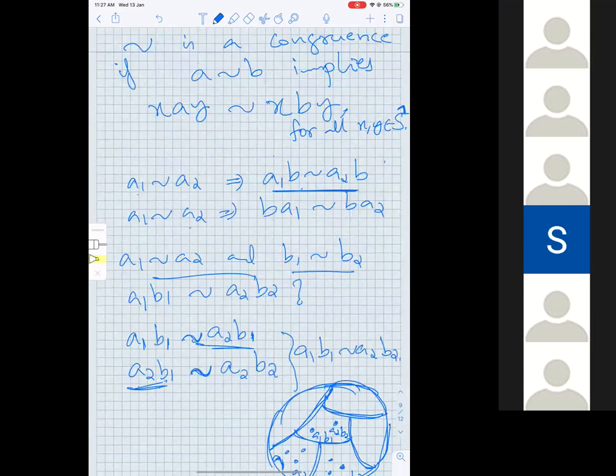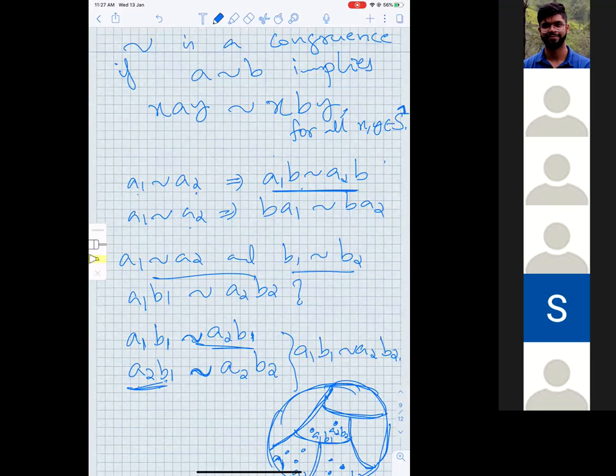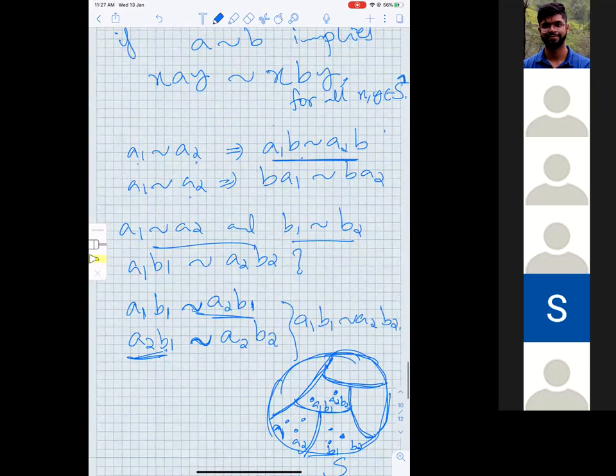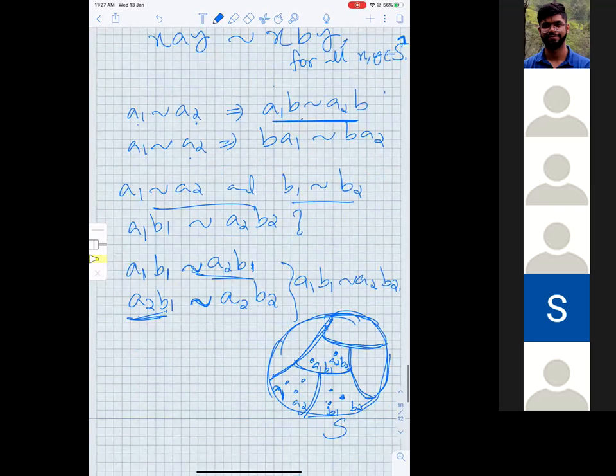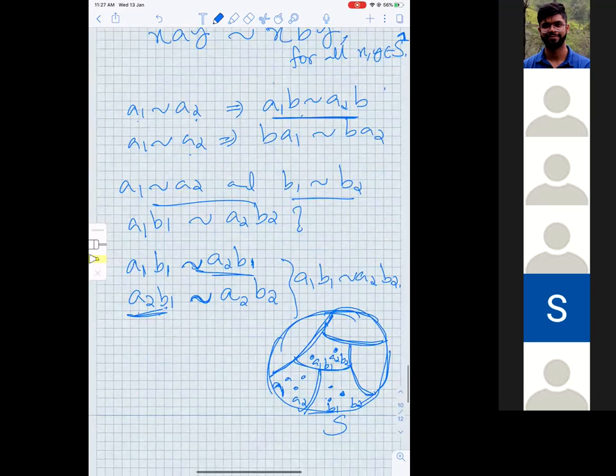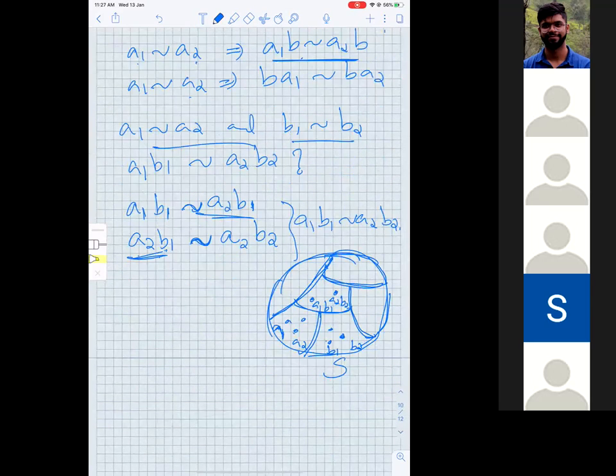Because A1 tilde A2 implies A1 B tilde A2 B, and A1 tilde A2 implies B A1 tilde B A2, from this condition I can see the congruence relation as one such that when I multiply two equivalence classes, I get another equivalence class. When I multiply A1 B1, if it is here, then A2 B2 will be here.